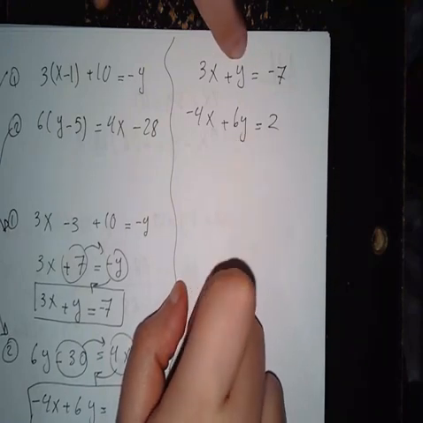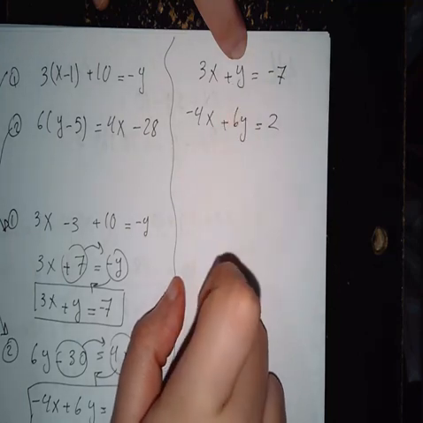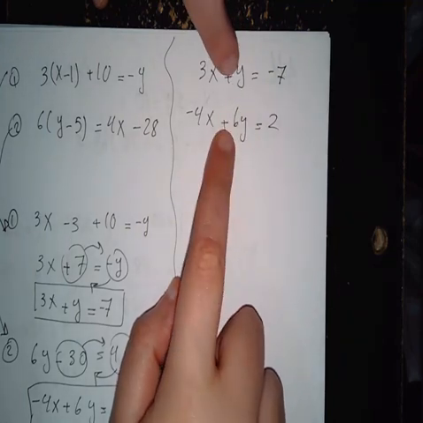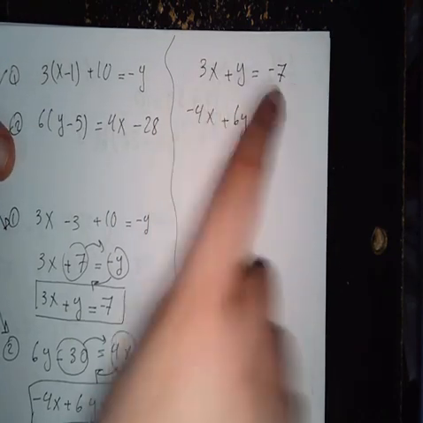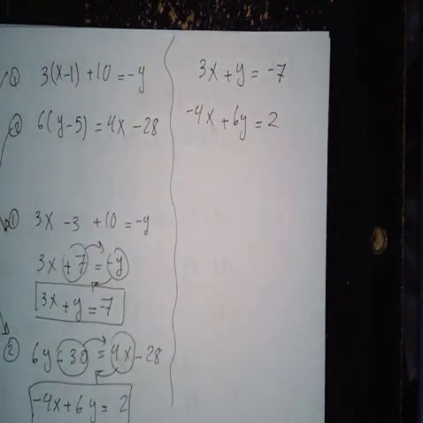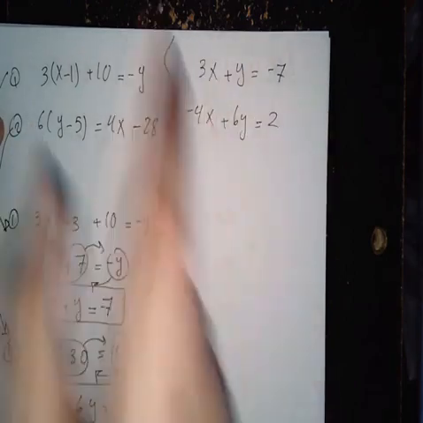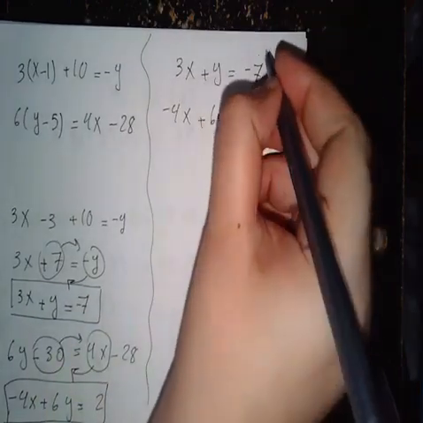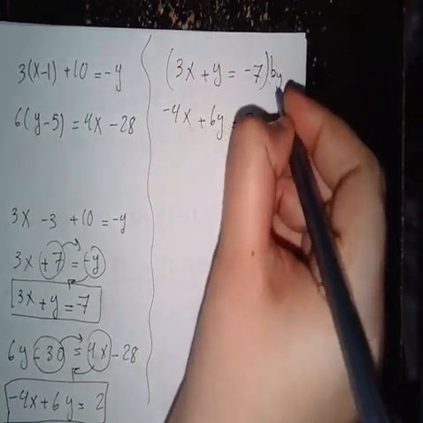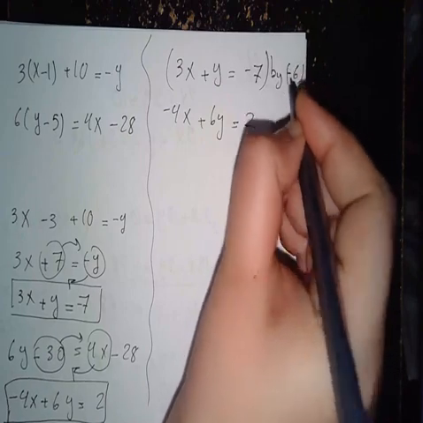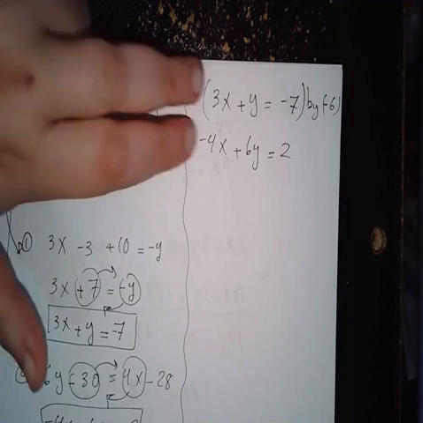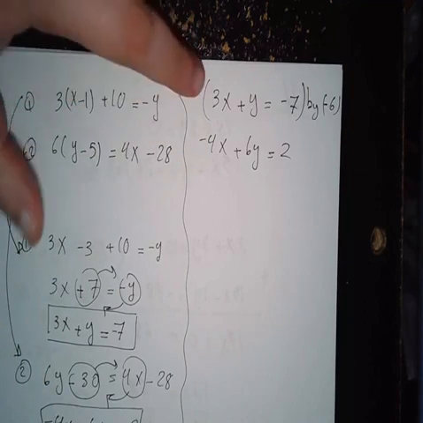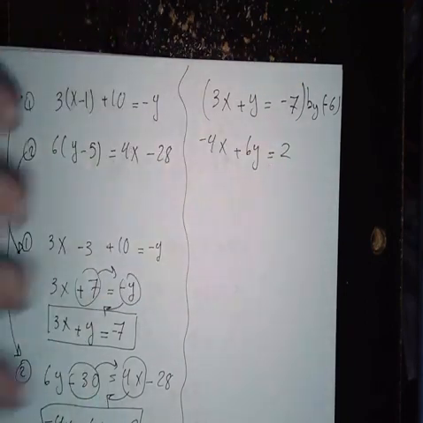So 6 on top would make both of them match. But since they're both positive, you need to turn one of them into negative. And since you're already multiplying this one, might as well multiply it by a negative. So negative 6. I'm multiplying the top equation by negative 6. And this is not the only possible way. You could turn x. You could even multiply this one by 6 and the second one by the negative. It's up to you.